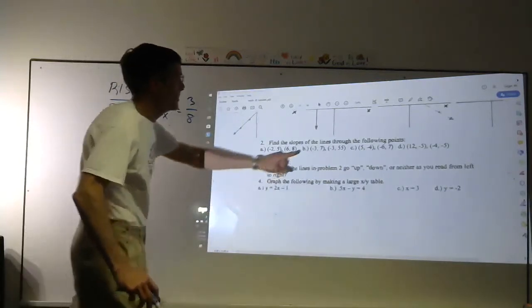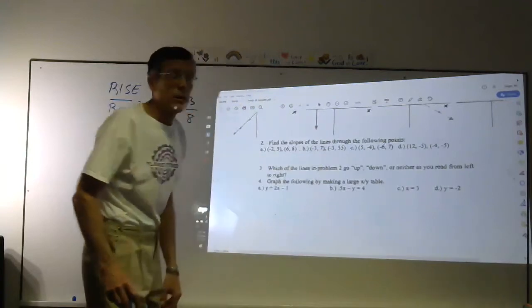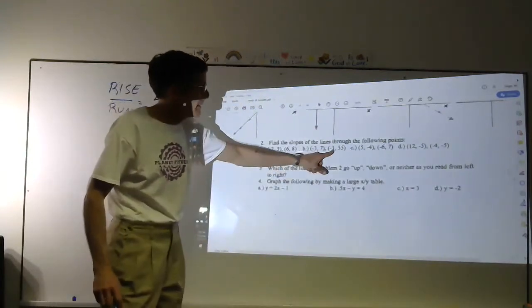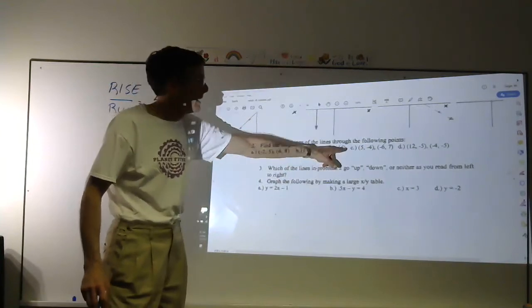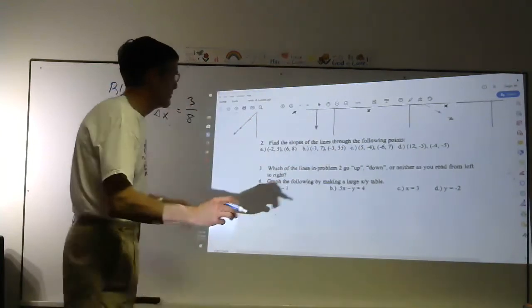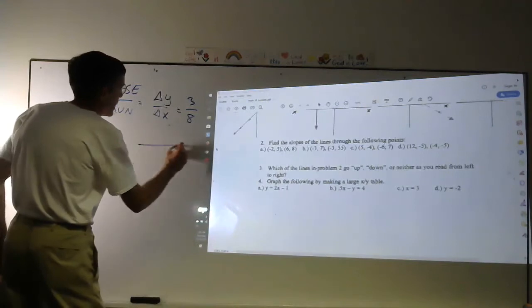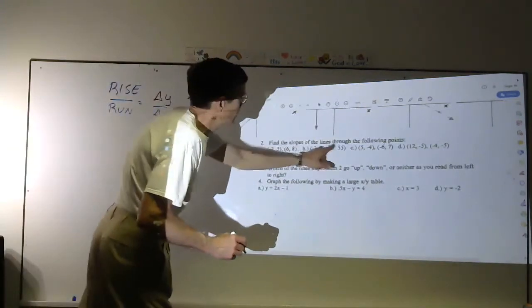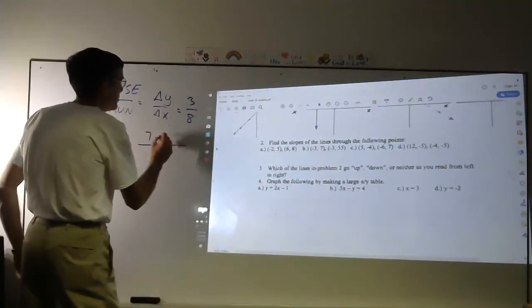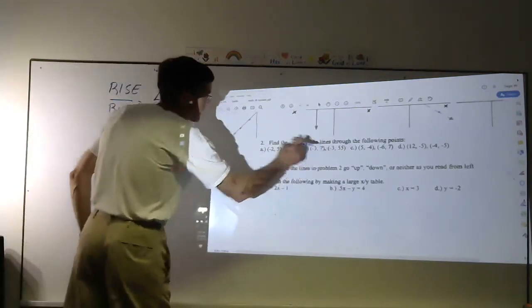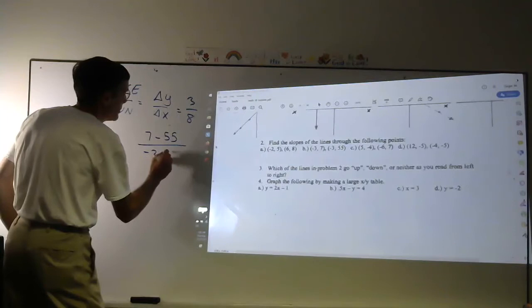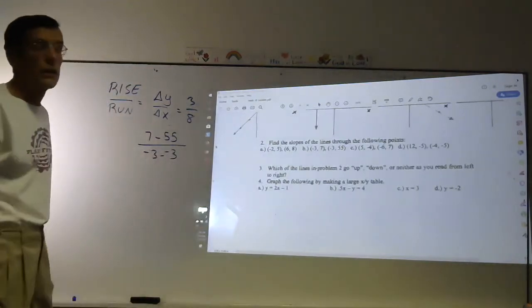How about the next one? Now, I don't want to graph this one. Look at that. Back 3 and up 55. Who in their right mind wants to count up 55 blocks? That's crazy. Let's do delta y over delta x. I'm going to subtract the y values, 7 minus 55. See what I'm doing? Subtract the x values, -3 minus a -3.